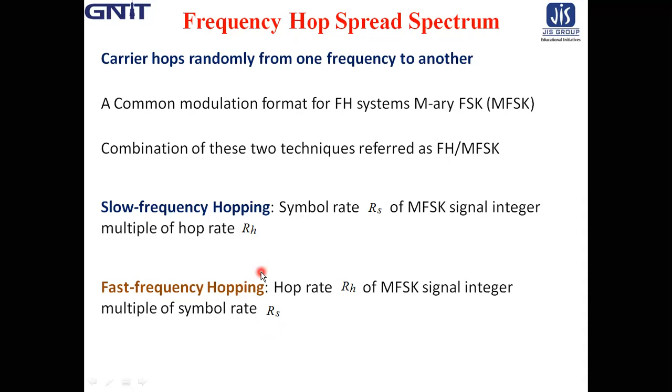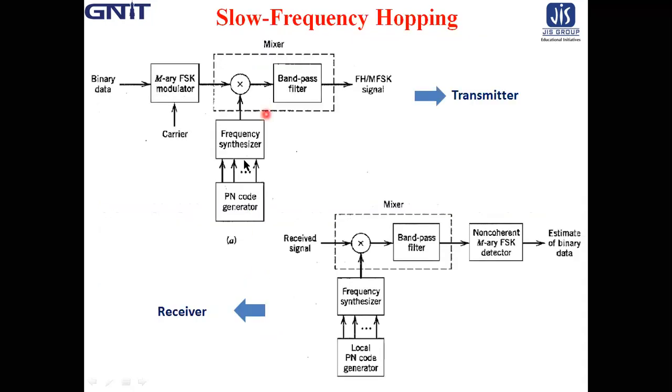So first we go for slow rate frequency hopping. This is the figure for the transmitter of slow frequency hopping, which involves frequency modulation followed by mixing. First, the incoming binary data are applied to an M-ary FSK modulator.